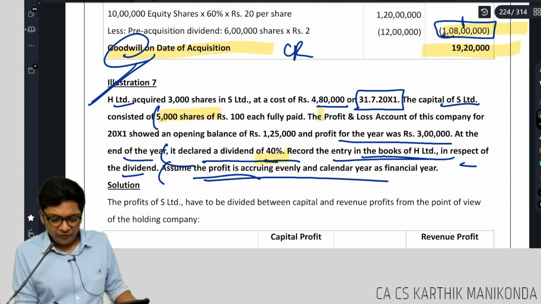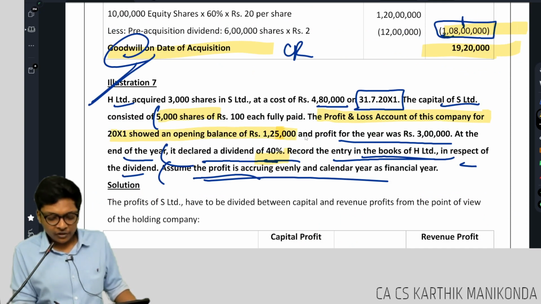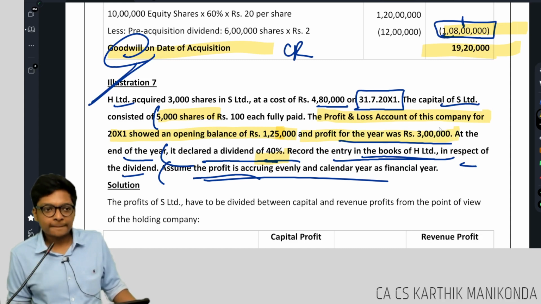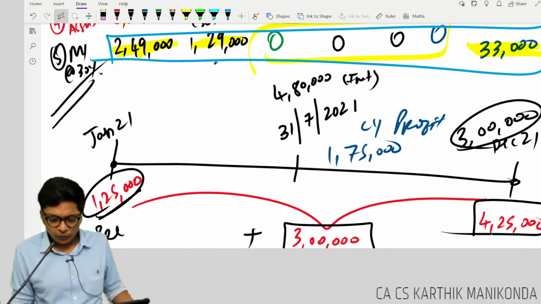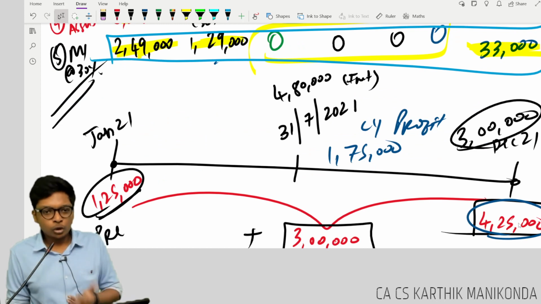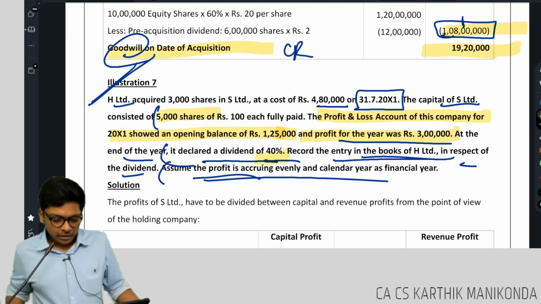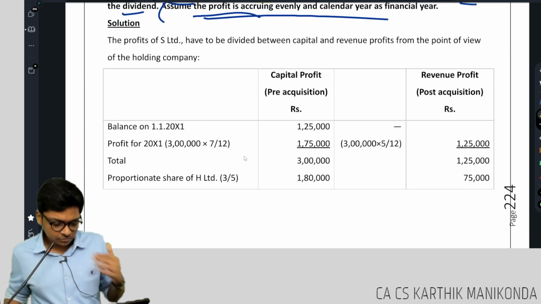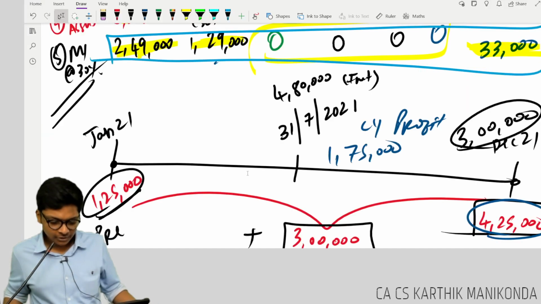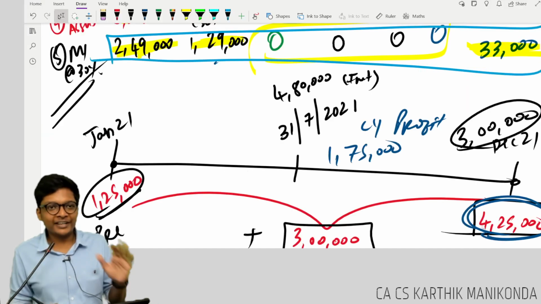Look at this: the profit and loss account of this company showed an opening balance of 1,25,000 and profit for the year was 3 lakhs. Ideally I would have taken 4 lakh 25 as the closing balance. Going by the book, yes, they have taken it like this only, 4 lakh 25 is closing.